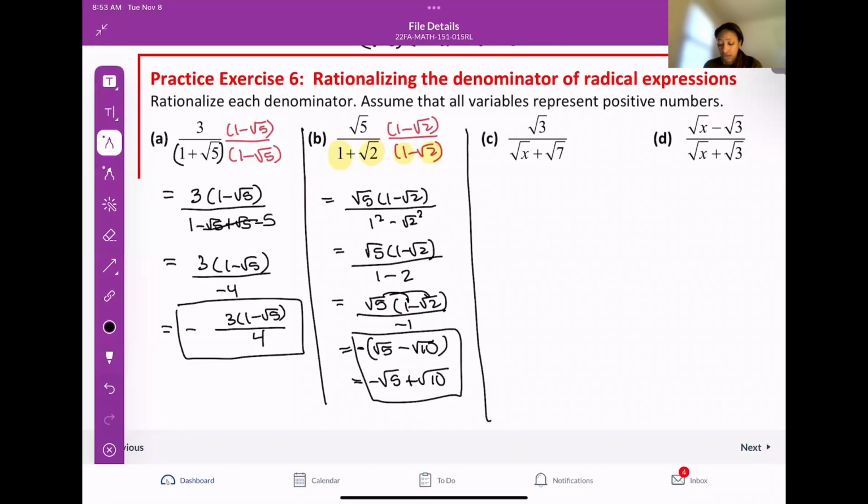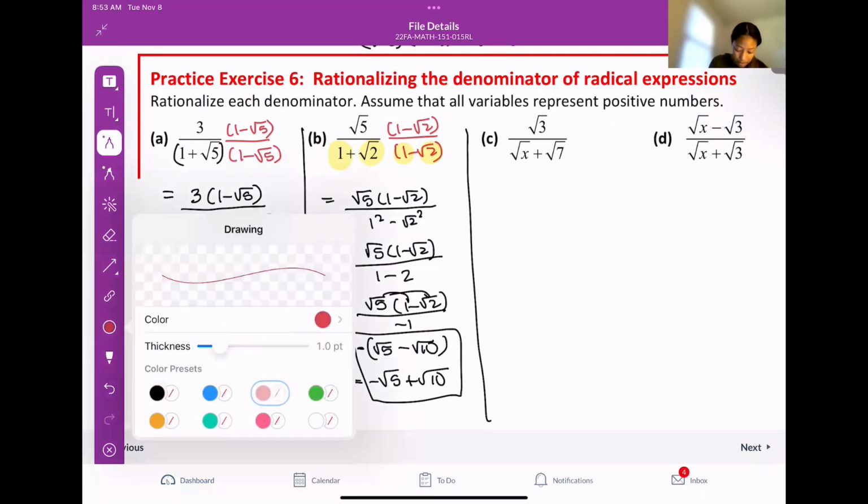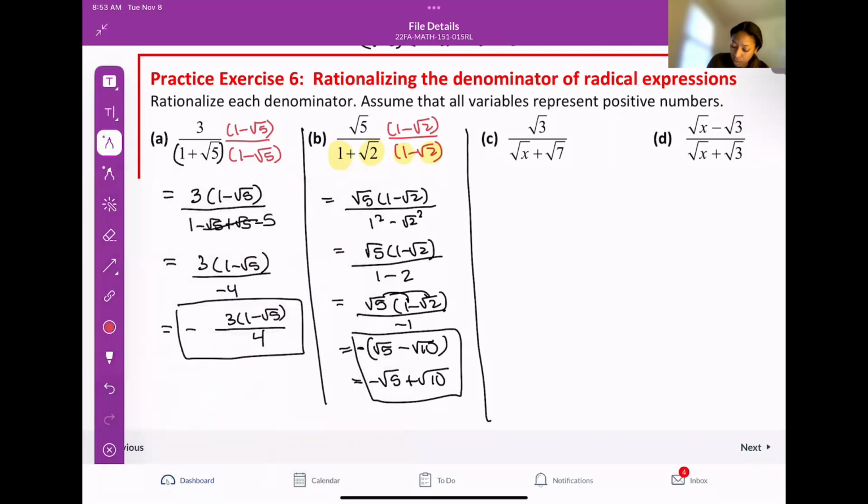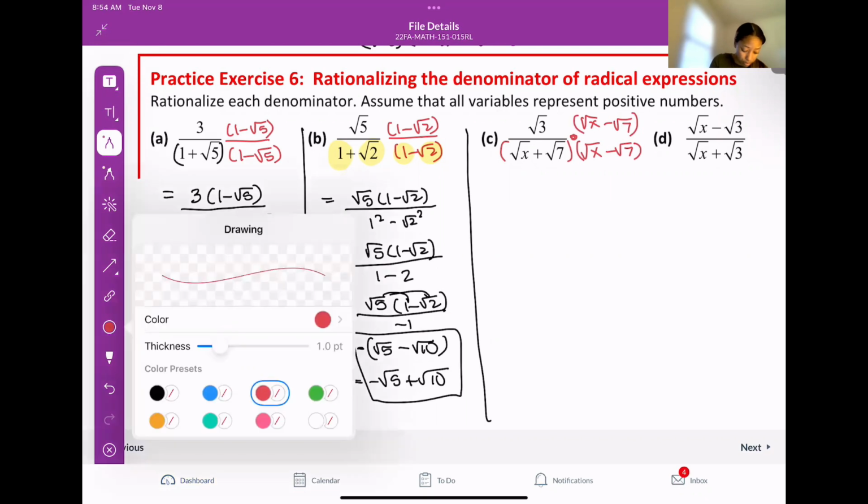Part C, root 3 over root x plus root 7. All kinds of radicals going on here. We're just concerned though with what's going on in the denominator. We want to multiply by the conjugate of the denominator, which is the square root of x minus the square root of 7. Okay, and remember, we're multiplying these entire expressions by each other, so technically there should be parentheses there.